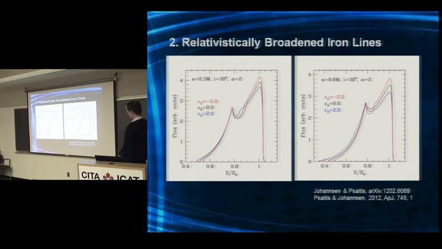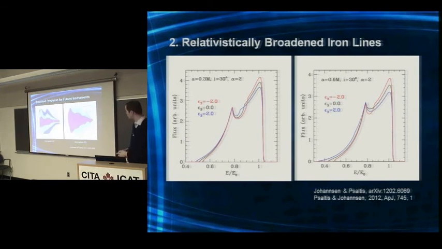And what I simulated here is profiles of this iron line. This is flux versus energy, for several values of my epsilon parameter. You can see that the line profiles can be clearly different if you change this epsilon parameter, providing yet another probe of having access to this epsilon parameter by observing these iron lines.